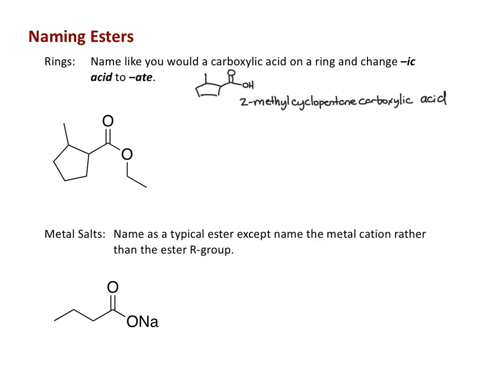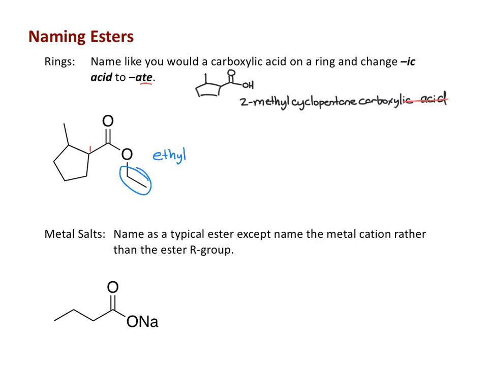Well, when we change this to an ester, what we're going to do is drop that ending and change it to ate. The other thing we have to deal with, though, is the group on the oxygen. So just like we learned before, let's start our name with that. In this case, it's an ethyl group. Then we'll name the ring.